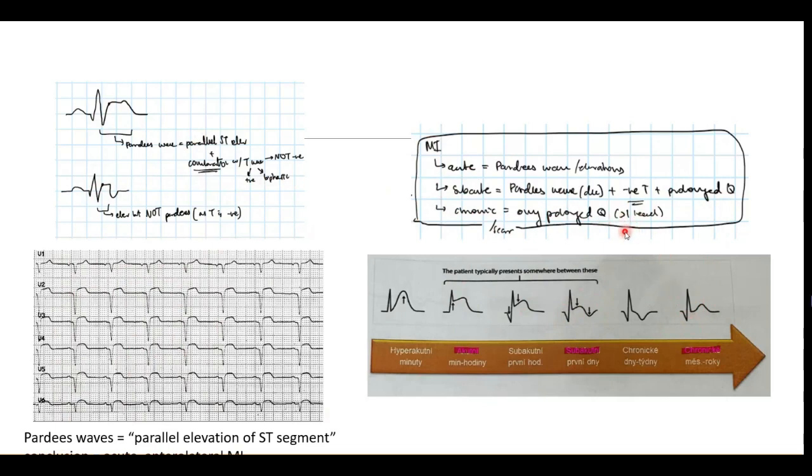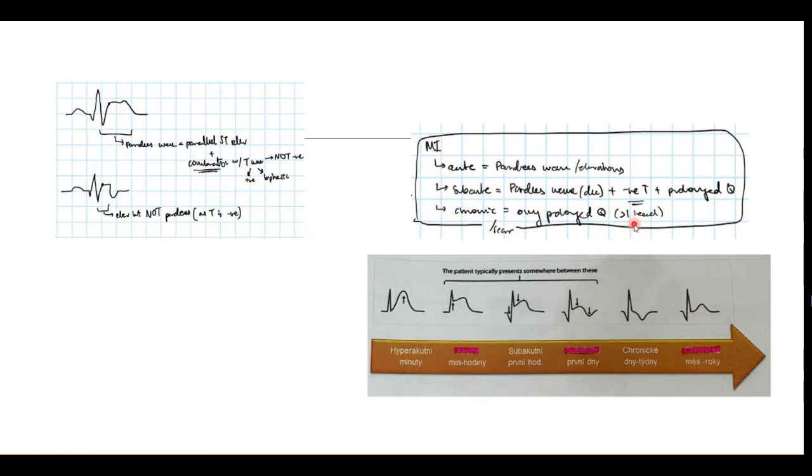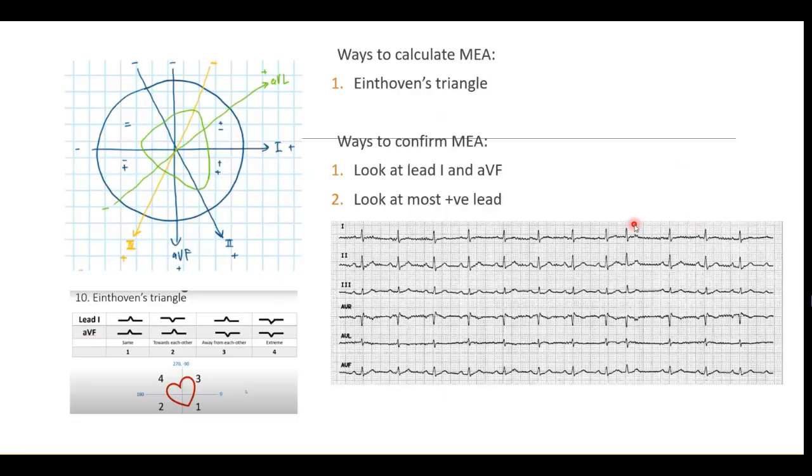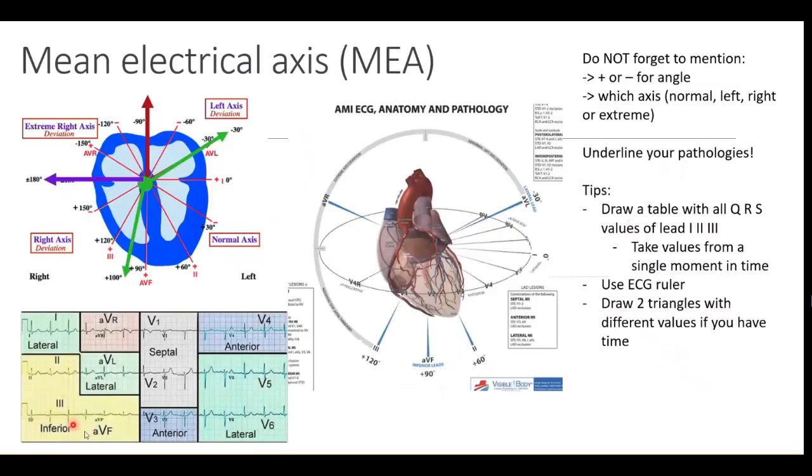And notice over here how I've mentioned that it has to be in more than one lead. That's because sometimes you might have a prolonged Q, but only in a single lead. In that case, in your conclusion, you have to just mention prolonged Q in this lead. But if the prolonged Q is in an area which makes sense, like for example 2, 3, aVF, then you can consider it being a chronic MI in the diaphragmatic part, because it doesn't make sense for a prolonged Q to only be in lead 2 and not 3 and aVF.